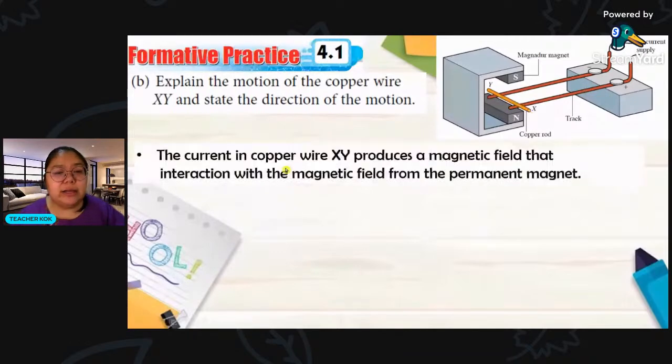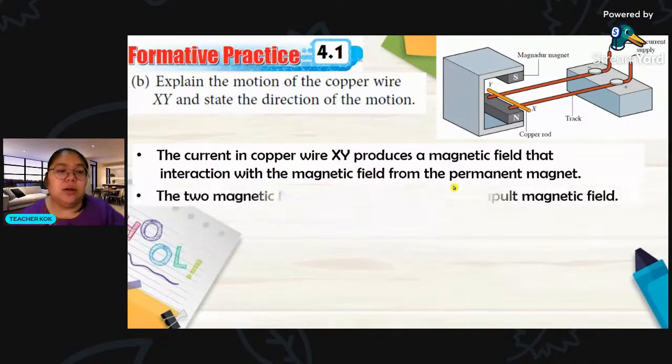The current in the copper wire XY produces a magnetic field, which interacts with the magnetic field from the permanent magnet. So this is the first sentence I need to mention: two magnetic fields, and how they are produced. Number 2, you must say the interaction, where they produce a catapult field. The two magnetic fields combine to produce a catapult magnetic field. After that, they will produce the force.